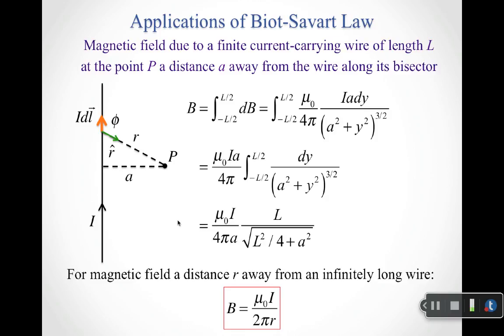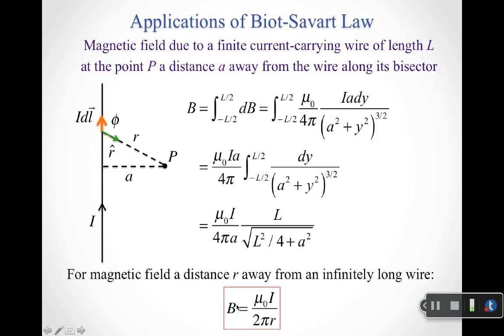Hopefully this seems very familiar because we've done this before, using either an integral or Gauss's law to figure out what the electric field was due to some particular type of charge distribution, and then we bring multiple of those charge distributions up and just add up those contributions using superposition. We're going to do exactly the same sort of thing for the magnetic field.